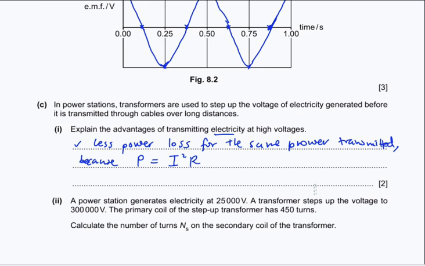So low current can be used for the same power transmission.